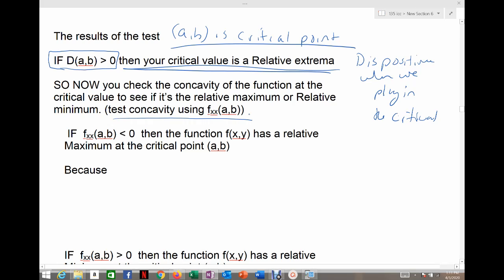We generalize it by using the x direction. If I take my critical value and plug it into the second derivative with respect to x, and it comes out negative, then, coincidentally, the second derivative with respect to y is also negative.